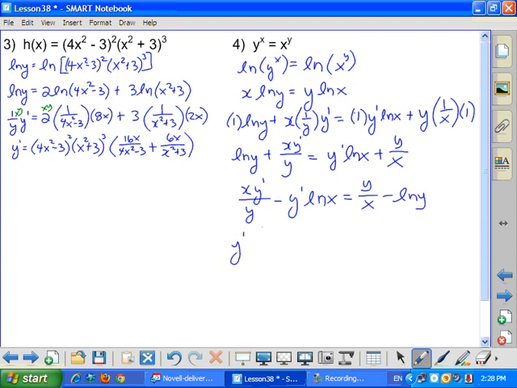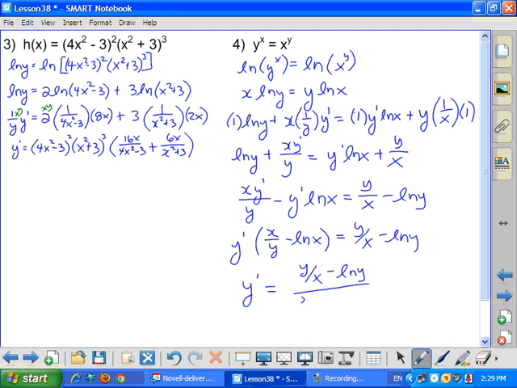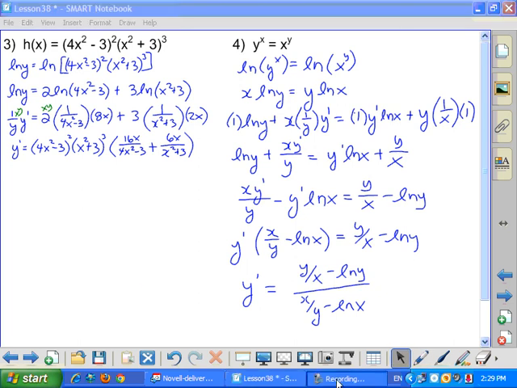Common factor out my y prime. And final step, divide both sides so that it's isolated. x over y minus ln x. And there you go. There is the derivative, the slope, at any point along that function.